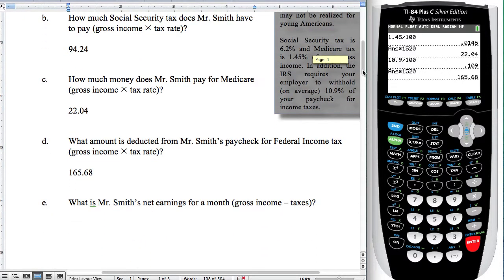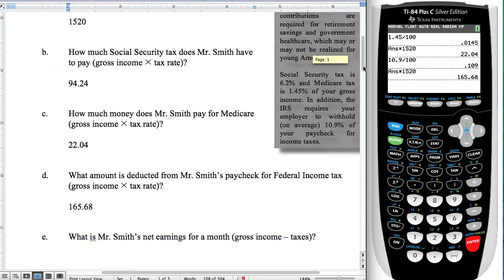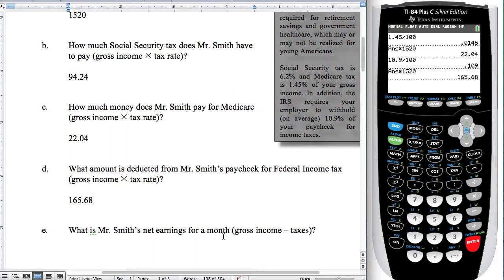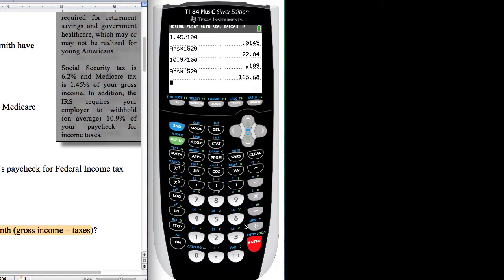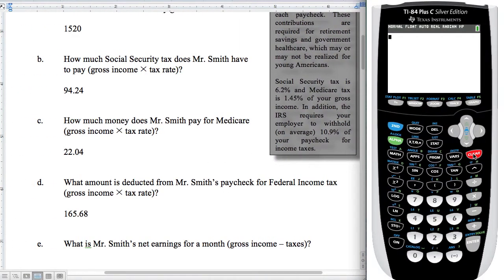Okay, and then it asks, what is Mr. Smith's net earnings for a month? Now, when you talk about your net earnings, it's going to be your gross income minus your taxes. Okay, so we're going to take 1520 and we're going to subtract out the 94.24, the 22.04, and the $165.68.